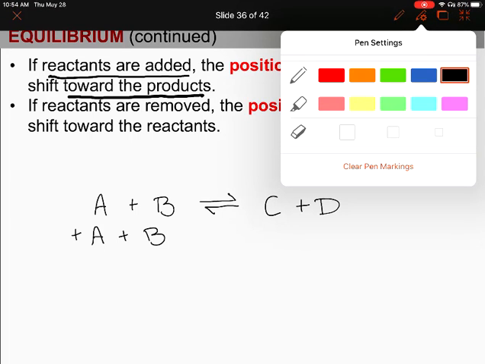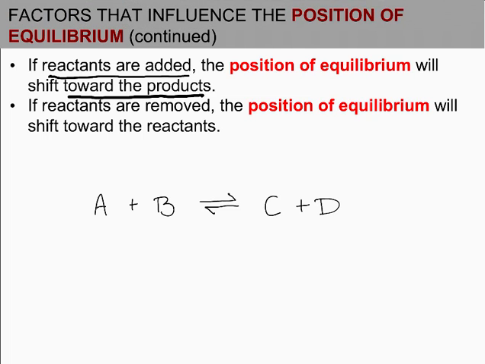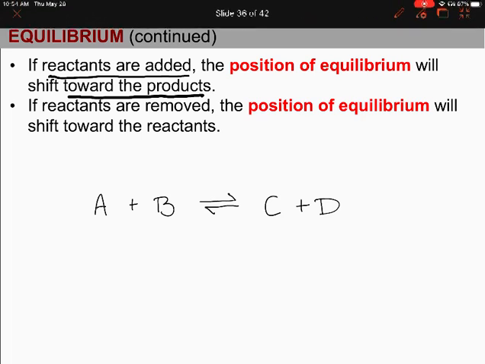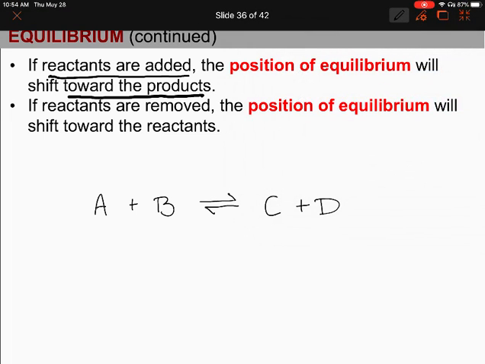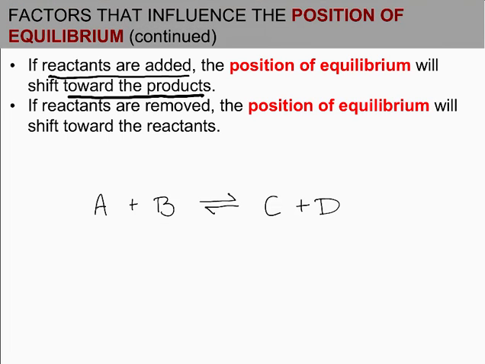Now, what if instead of adding more reactants, we remove some of the reactants? So what if on the left-hand side we remove some A and B?